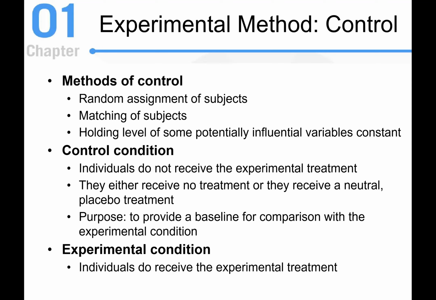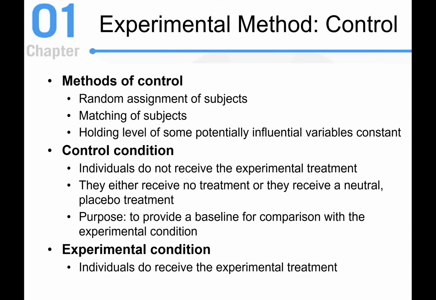So if the variable of interest is IQ scores, I want to make sure everybody in the study has an IQ score between 100 and 130. And so that when I compare groups, I'm comparing groups of people who have similar IQ scores, so that doesn't become some kind of individual difference that messes up my research results.